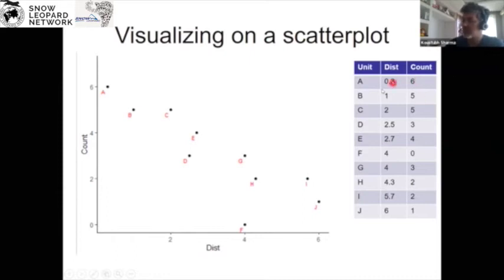So for a distance of 0.3, the count was 6. For the second point, which was 1 kilometer from the river, the count was 5.